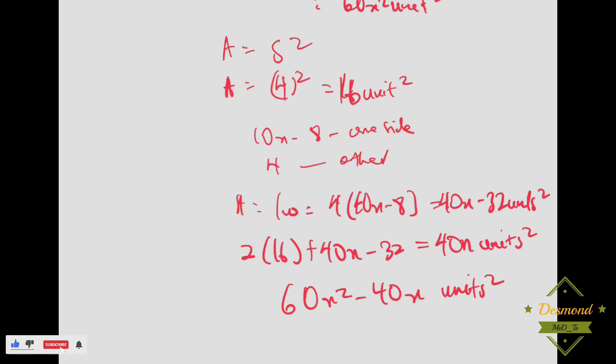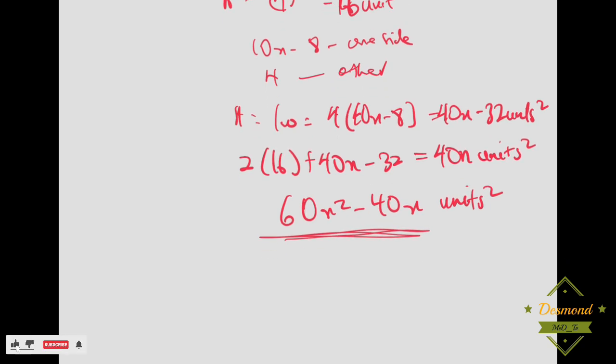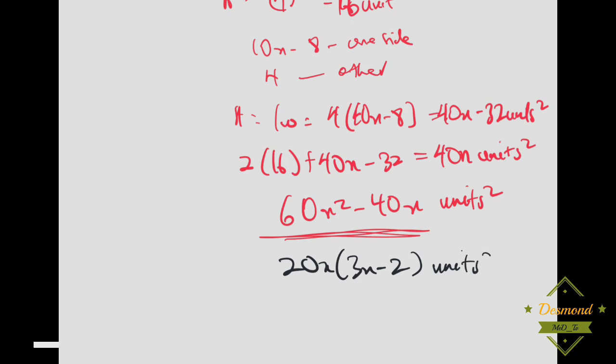The reason I'm giving this scenario is we are going to factorize this area that we've gotten here. So this area can be factorized to be 20x times 3x minus 2 units squared, right? Now we can confirm that this is an equivalent expression by multiplying.